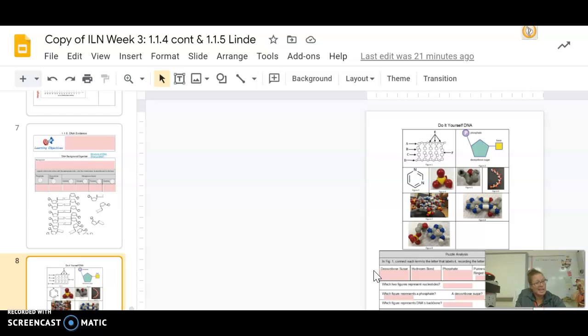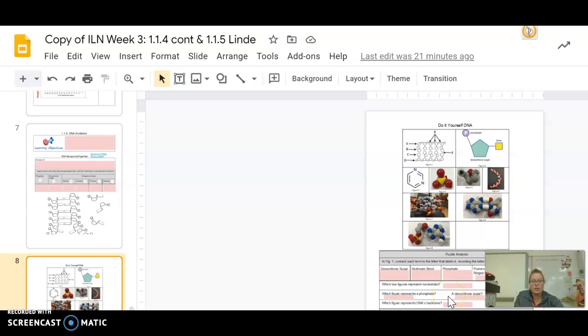Otherwise, you don't really understand the structure of DNA, and that's what this is asking us to do. Then the additional questions have you look at these other figures, and it says to put the appropriate figure number to determine what's what.